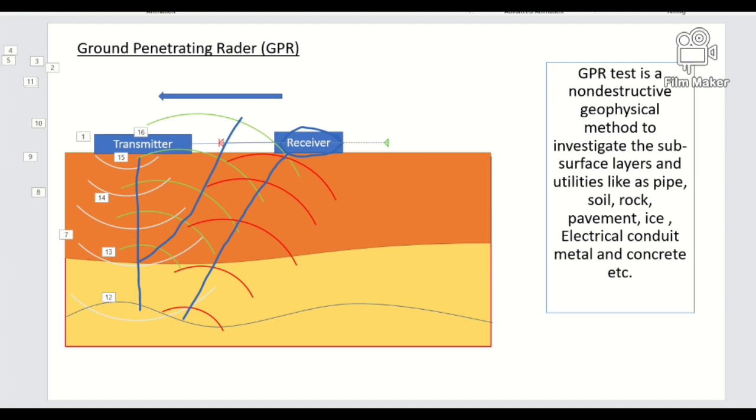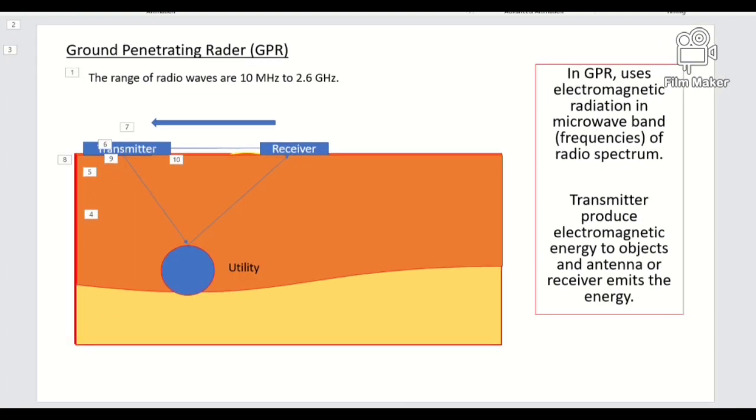So next we will see how to detect any object with GPR. A GPR can create radio waves in a range from 10 megahertz to 2.6 gigahertz electromagnetic wave frequency.